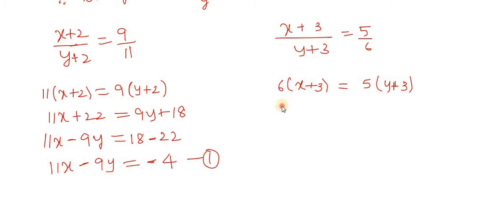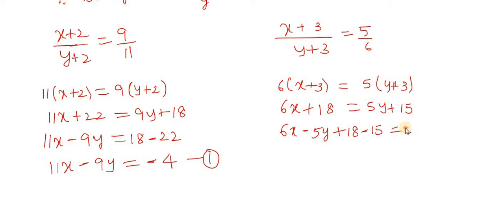6 into x, 6x plus 6 into 3, 18, equals 5 into y, 5y, plus 5 into 3, 15. So then 6x minus 5y plus 18 minus 15 is equal to 0.